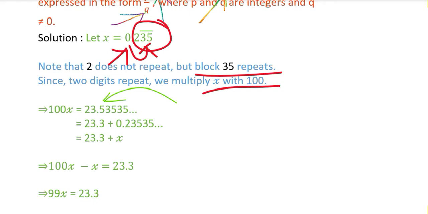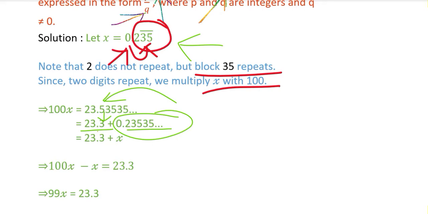We need it to be 2. So 5 से 2 बनाना है. So what do we write? We make it 3. 5 minus 2 is 3. So we write 23.5 and 0.23535. Now this part is our x, value of x. How do we get it?